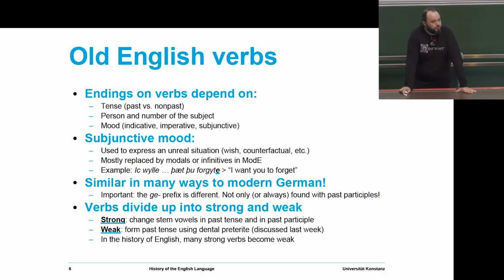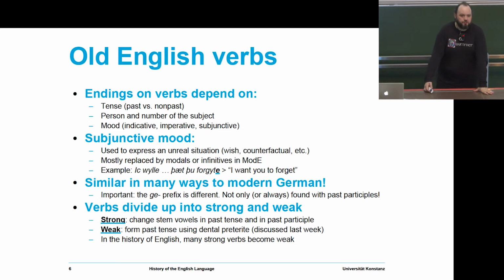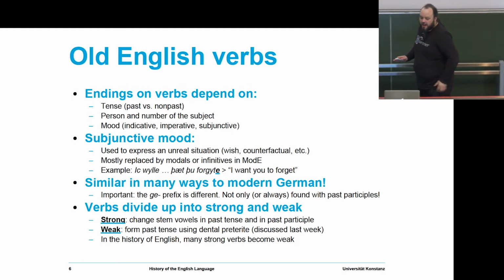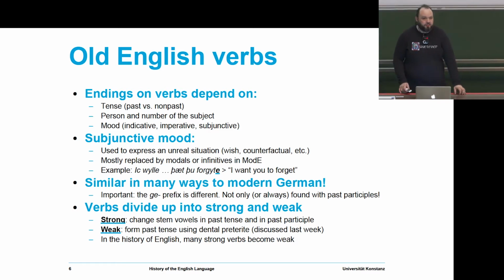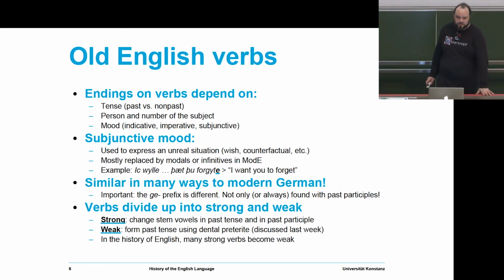So you can perfectly well say something like, morgen gehe ich einkaufen, and the form of the verb to go is a present tense form. You don't have to say morgen werde ich einkaufen gehen. Right? So you can use the present tense to express a future state of events as long as you have the temporal adverbial, and exactly the same is true in Old English. So that's why we call this non-past rather than present.